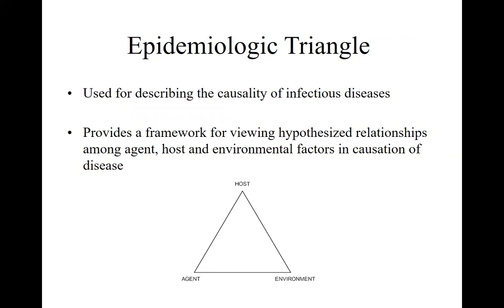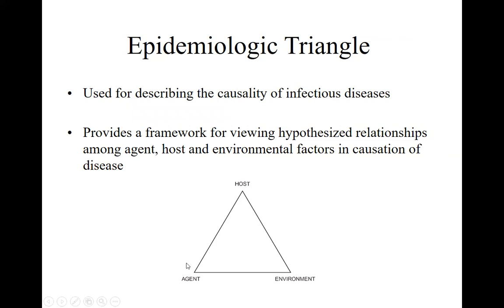So if you can't see it, that is the environment. And then the host is going to be a person or other living animal, including birds and arthropods, that affords subsistence or lodgement to an infectious agent under natural conditions.